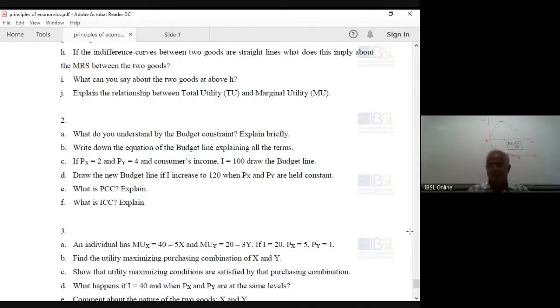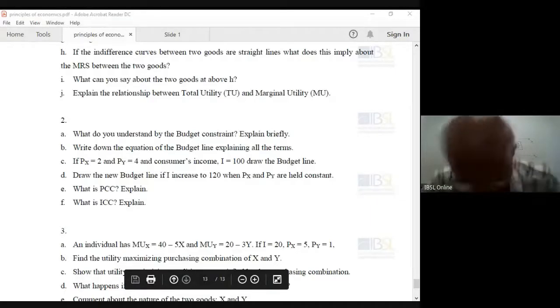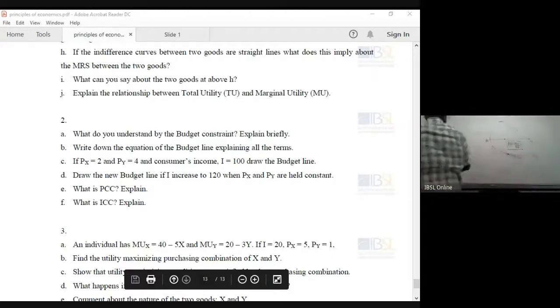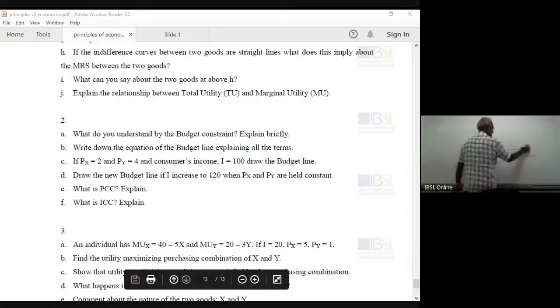I can formalize this. PxX plus PyY is equal to I. This is expenditure on X, when a consumer purchases X units at Px.